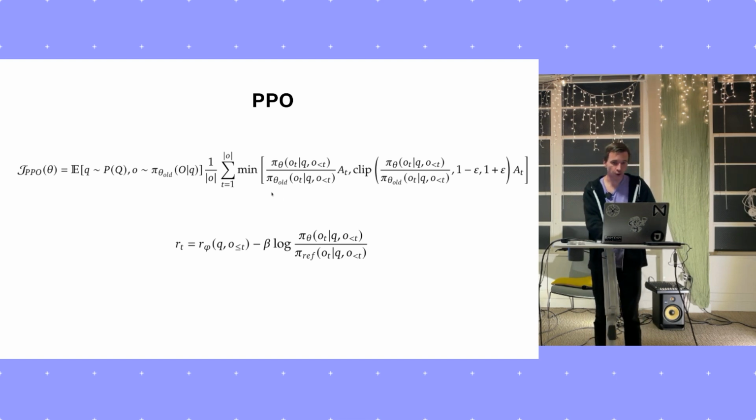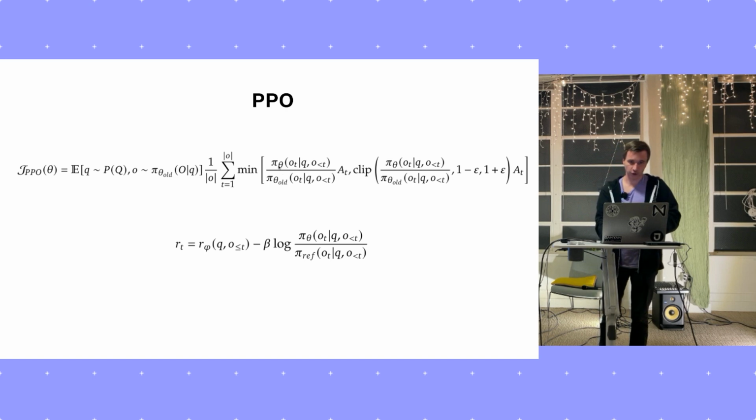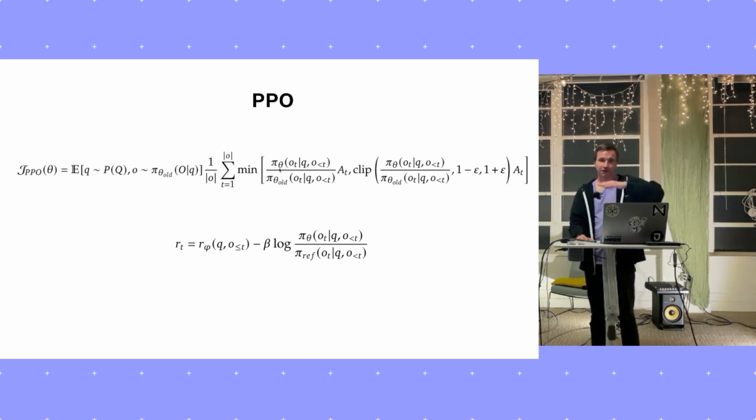So here you will see pi theta, right? Policy old is the policy that you have right now on the previous step, and the policy new, my Greek is not up to date, I don't know how you say this letter, is the policy you're choosing to replace the old policy with.